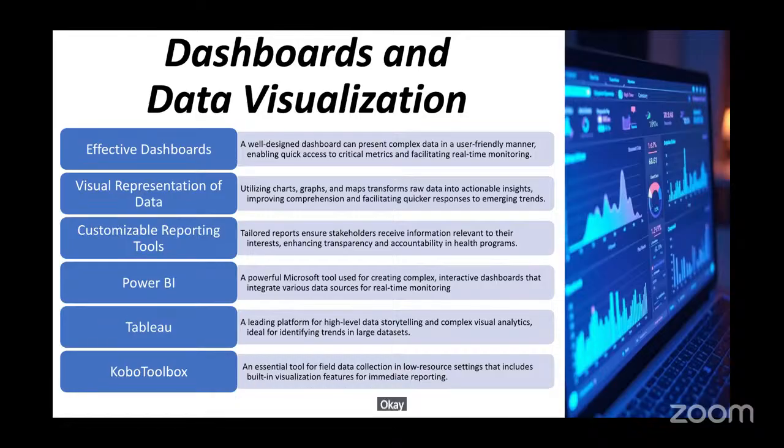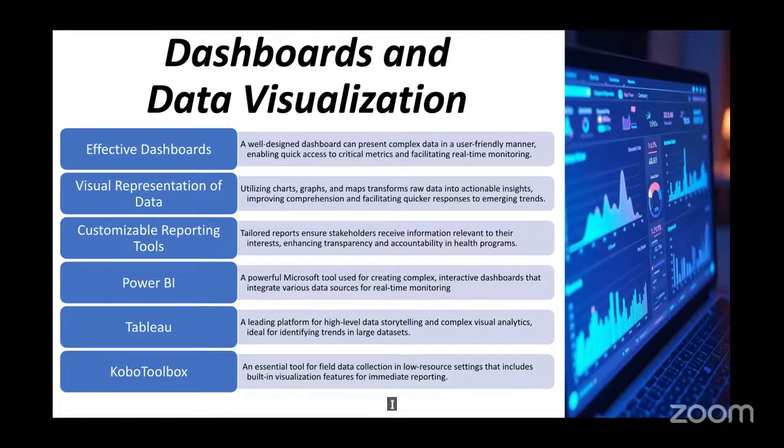This can be done using several tools. We have Power BI, Tableau, Kobo, and Looker Studio. These are good, powerful tools that you can use to create a dashboard, be it a static dashboard or a live dashboard.